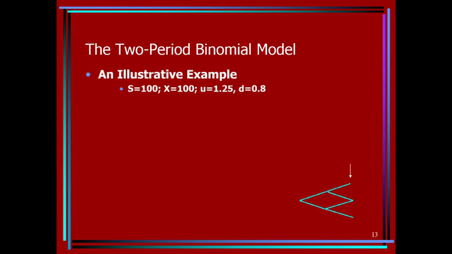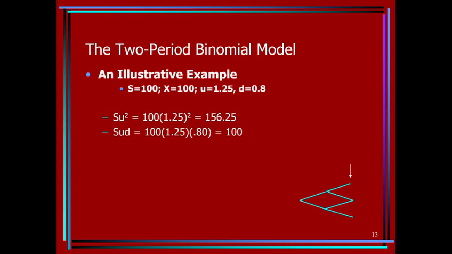Okay, again, S is 100, strike price is 100, the same parameters as we had before. So you can calculate the value of the underlying if it goes up in 2 periods, right? The 25% yield factor is constant over the 2 periods.